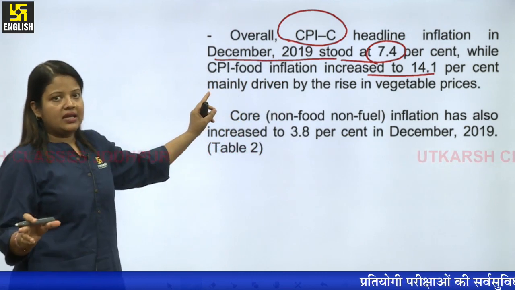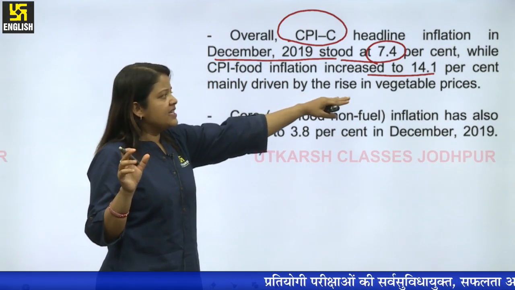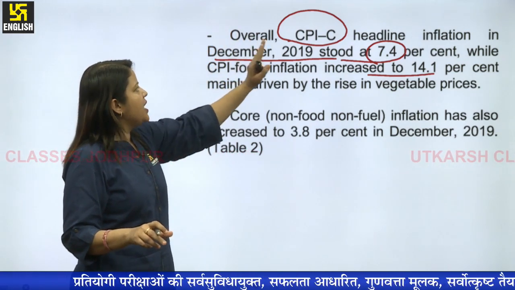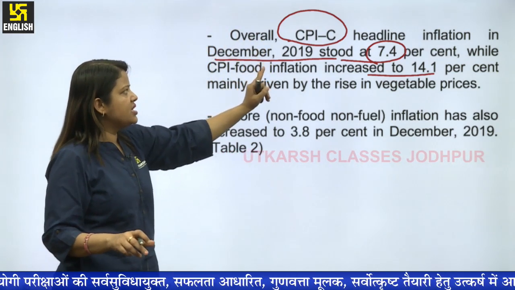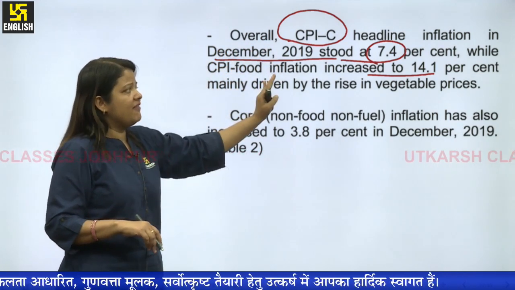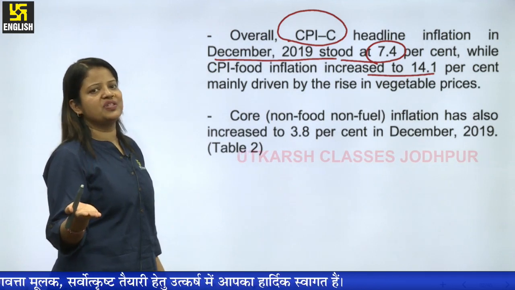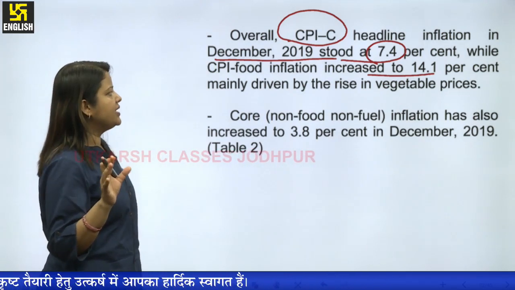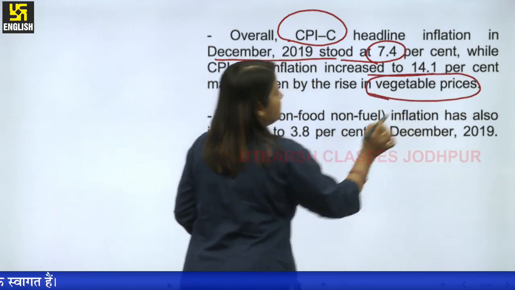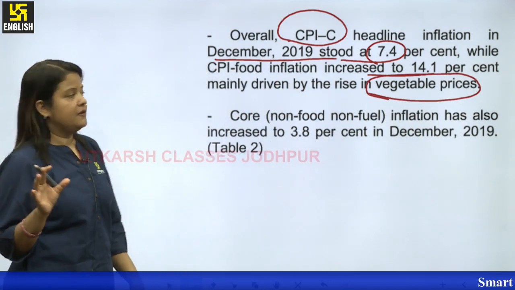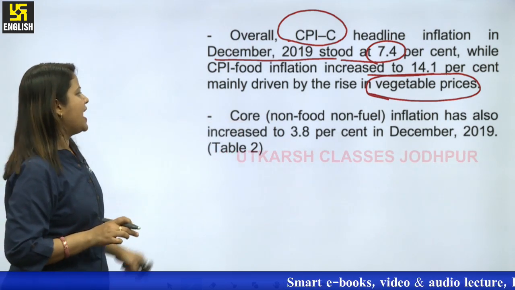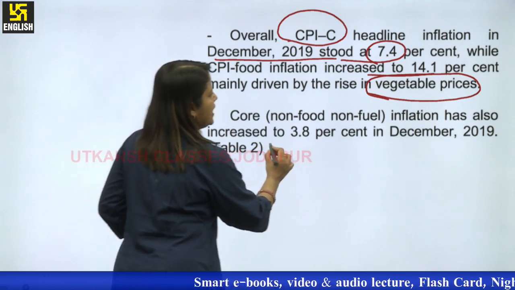This was mainly because of the rise in vegetable prices, especially onion. Core non-food and non-fuel inflation increased to 3.8%.